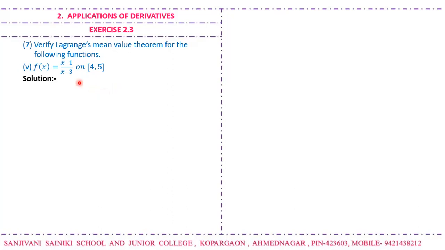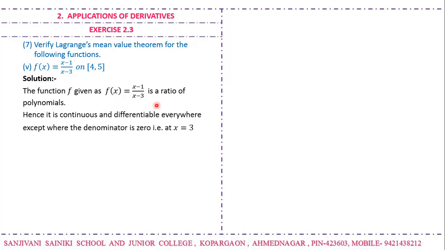Now go for this next example. Here the function is a rational function. It is a ratio of two polynomials, and the ratio of two polynomials means a rational function. It is continuous everywhere, except at zeros of the denominator, where the denominator becomes 0. Now if you see here, the denominator becomes 0 at x is equal to 3 only.